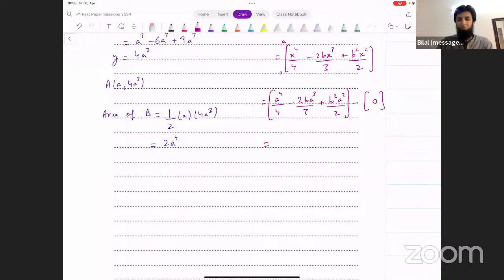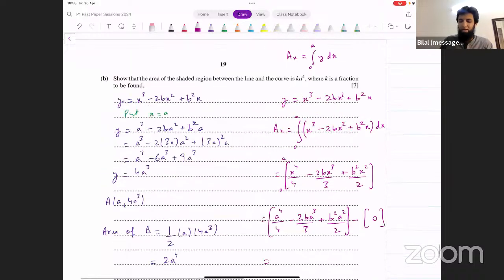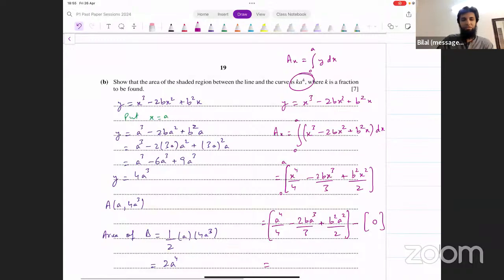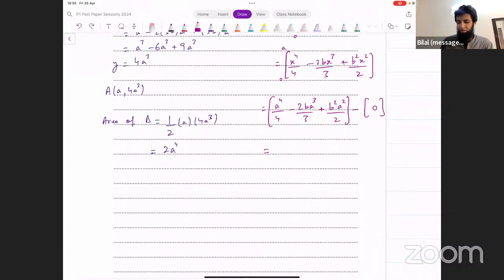Now, again, you know that b equals 3a. We want an answer in terms of a only. So in place of b, what you can do now is input 3a. Let's do that. We've got a raised to power 4 over 4 minus 2 into 3a into a cubed divided by 3 plus 3a whole squared multiplied by a squared divided by 2.